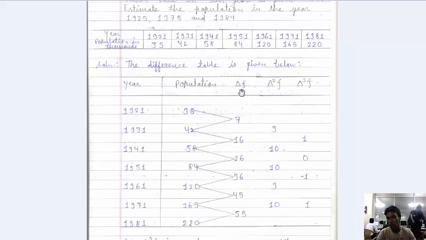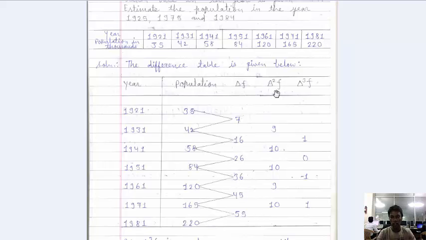Now to get the values of del f: 42 minus 35, 7; 58 minus 42, 16; 84 minus 58, 26; 120 minus 84, 36; 165 minus 120, 45; 220 minus 165, 55.